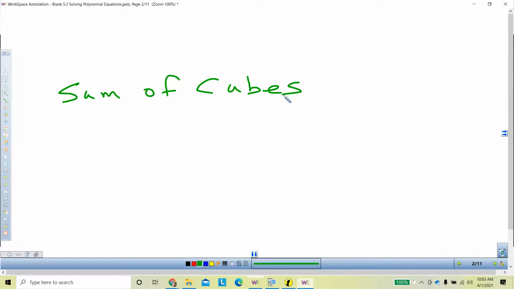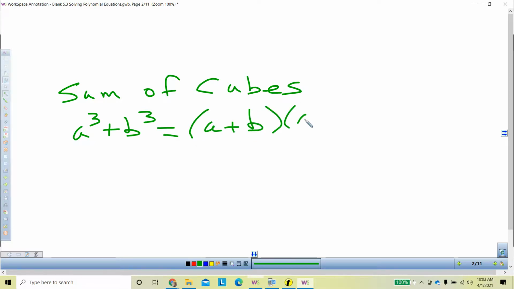First thing, it's going to be sum of cubes. I'm going to write the formula down. And here's the problem I'm going to give you.